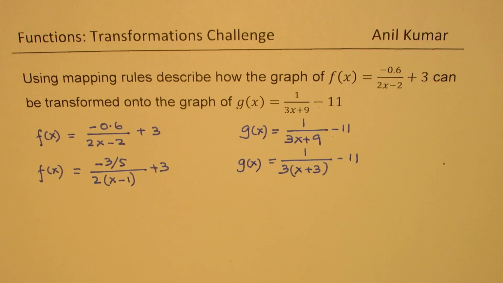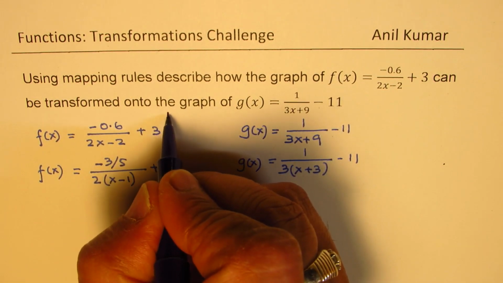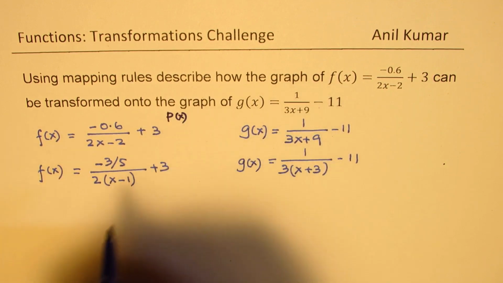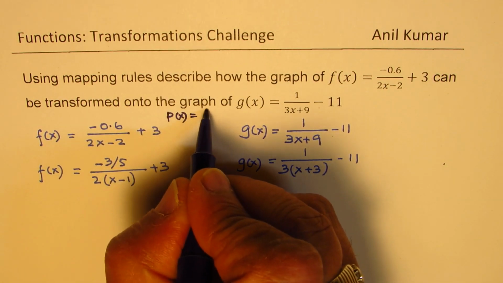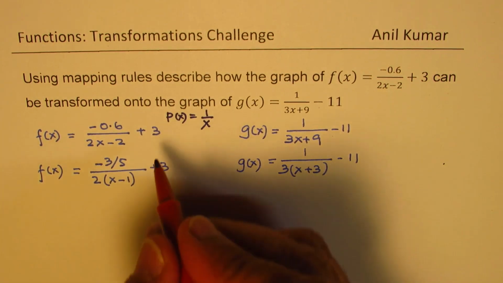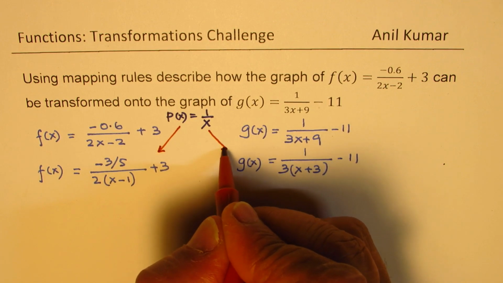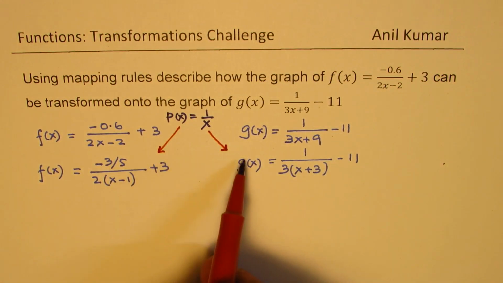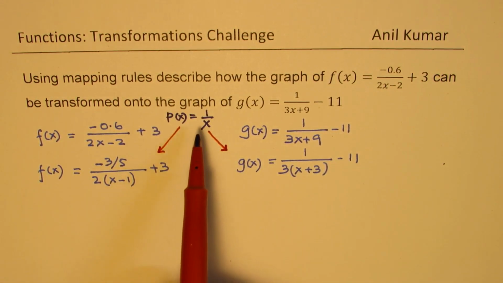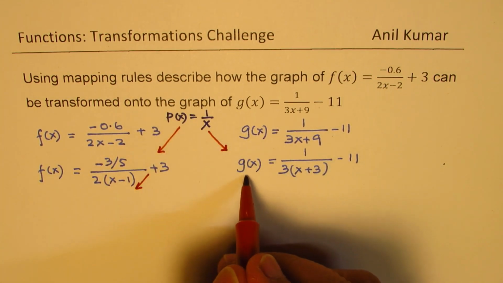As you can see, both of them are transformed from the parent function. Let's call that parent function p of x equal to 1 over x. So the transformation is basically from this function. Is that clear to you? So to relate them, it is a good idea to see how they are related with the parent function.